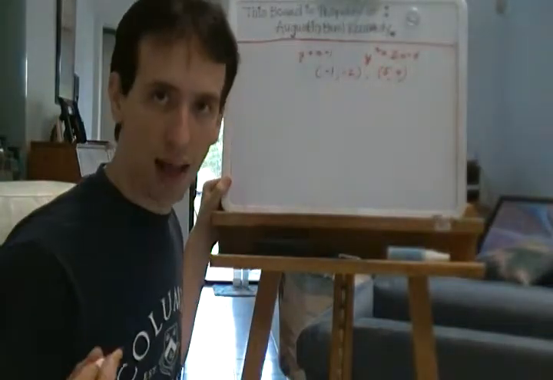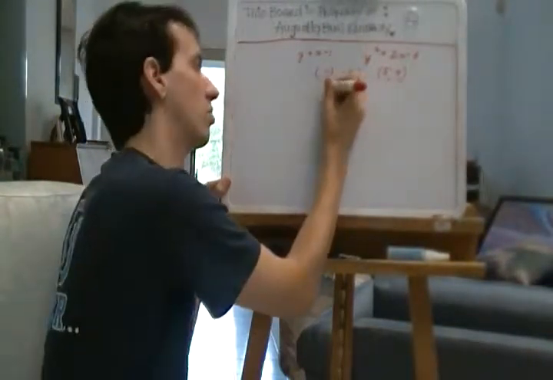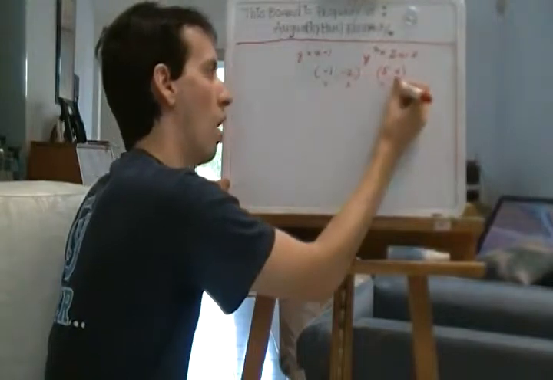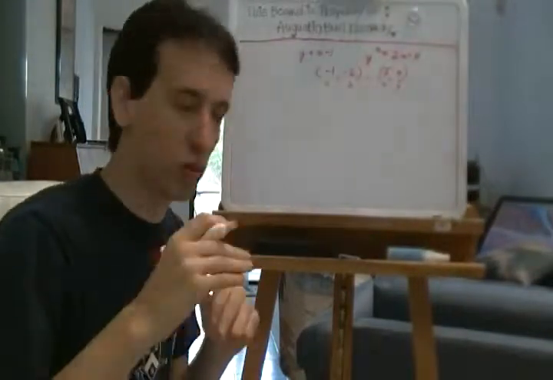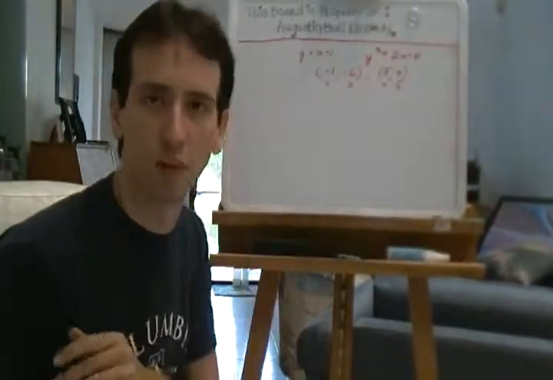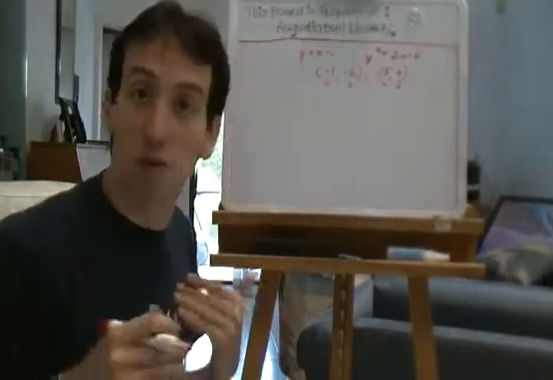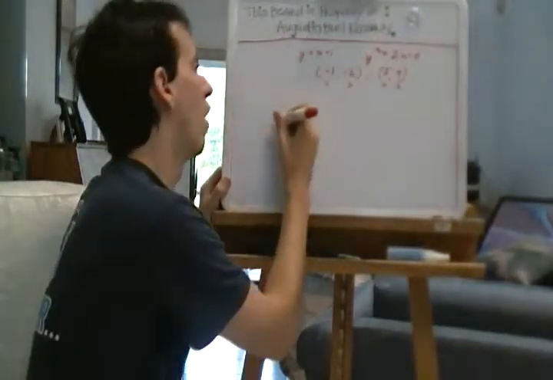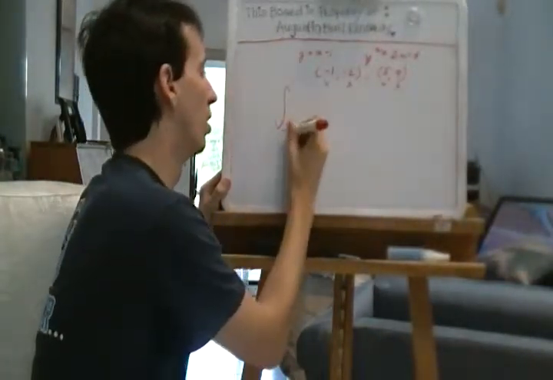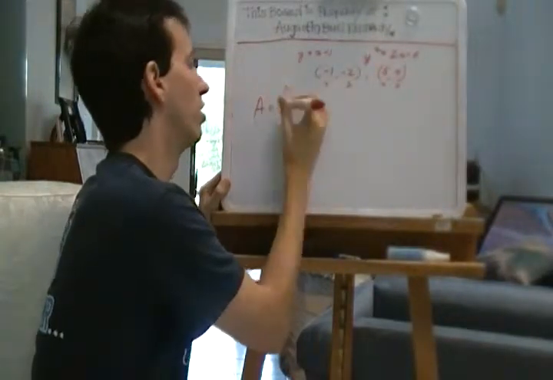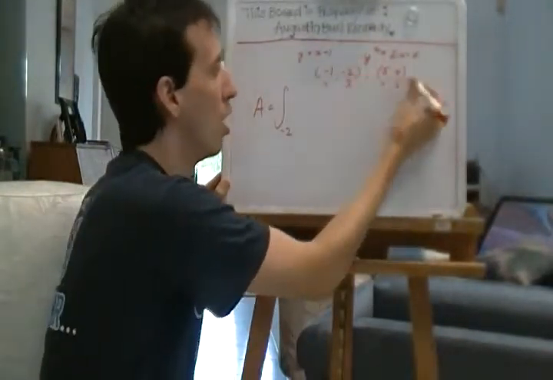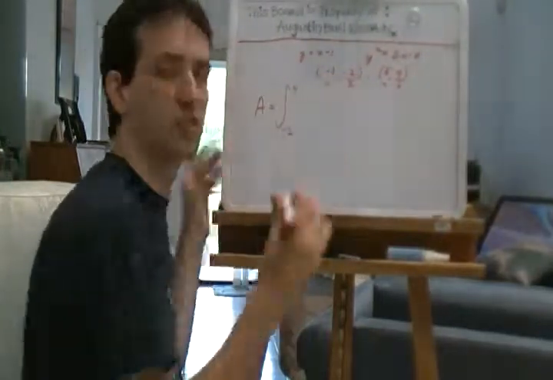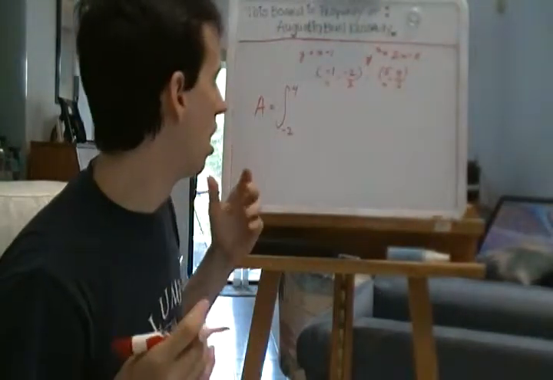With respect to y, it's not going to be from -1 to 5. The area is going to be from -2 to 4, because that's the y value.